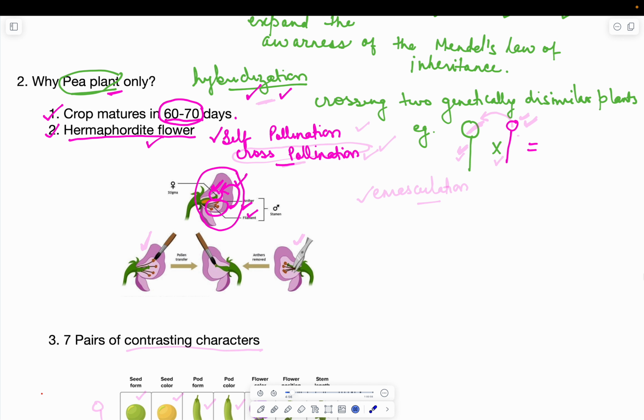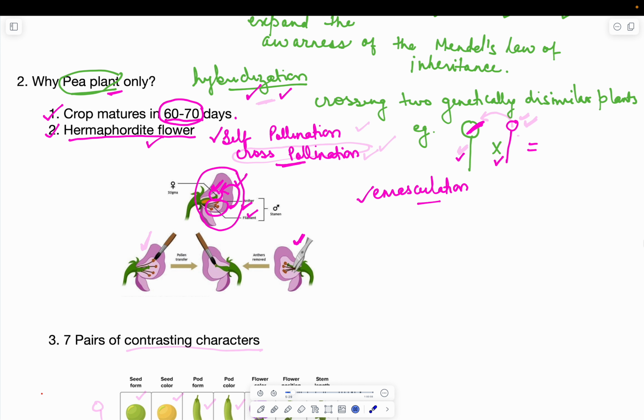If Mendel was interested in cross-pollination, he wanted to cross these 2 different varieties of pea plants. So what he does, he will remove the anthers from this plant, because he's treating this plant as a female plant, right? This process is known as emasculation. Removal of anther from a flower is known as emasculation.